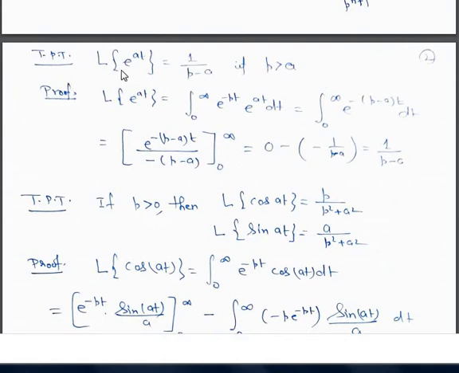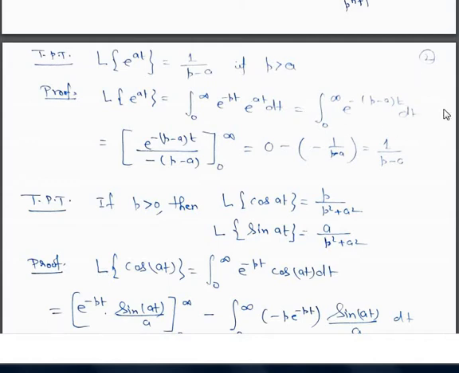Next we find out Laplace transform of e to the power at. We show that Laplace transform of e to the power at is 1 upon p minus a, p is greater than a. So by definition L of e to the power at is integral 0 to infinity e to the power minus pt e to the power at dt, which is integral 0 to infinity e to the power minus of p minus a into t dt.